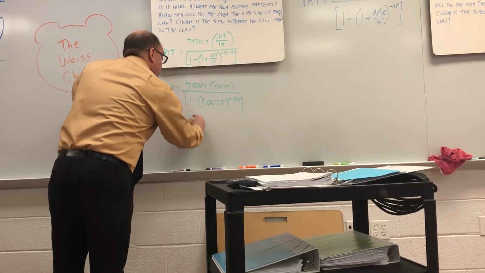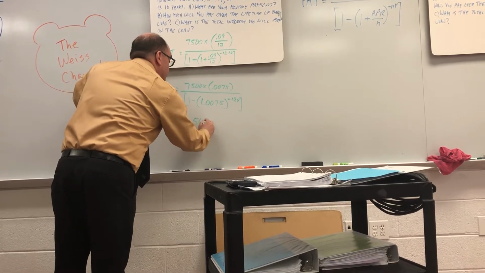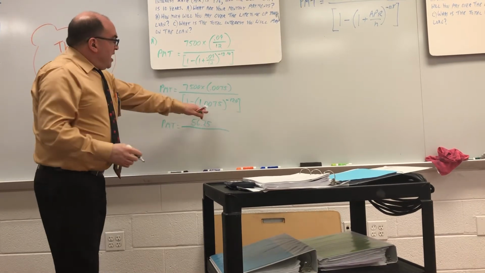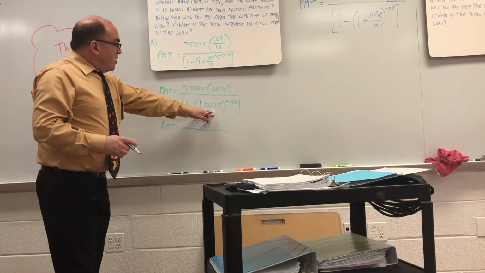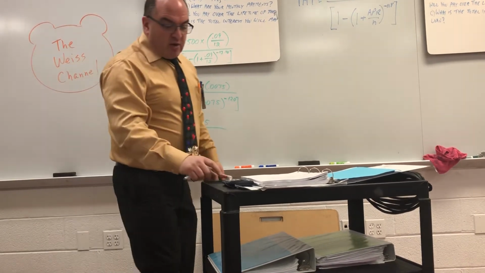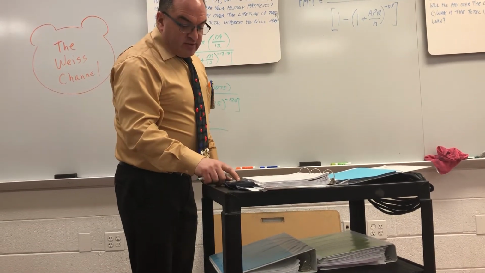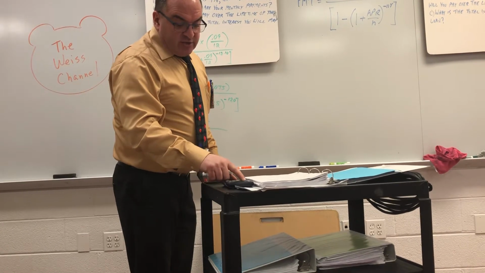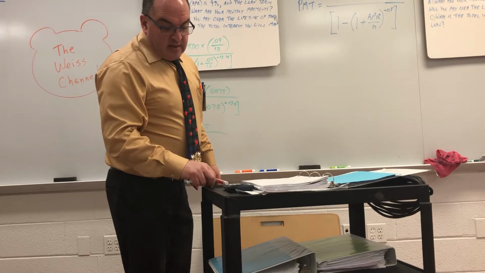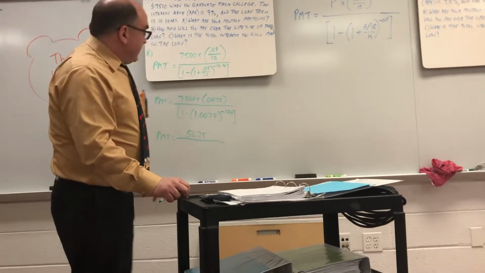Okay? 56.25 over, I'm going to do now, what's 1.0075 to the negative 120th power? 1.0075 to the negative 120th power gives me 0.4079.